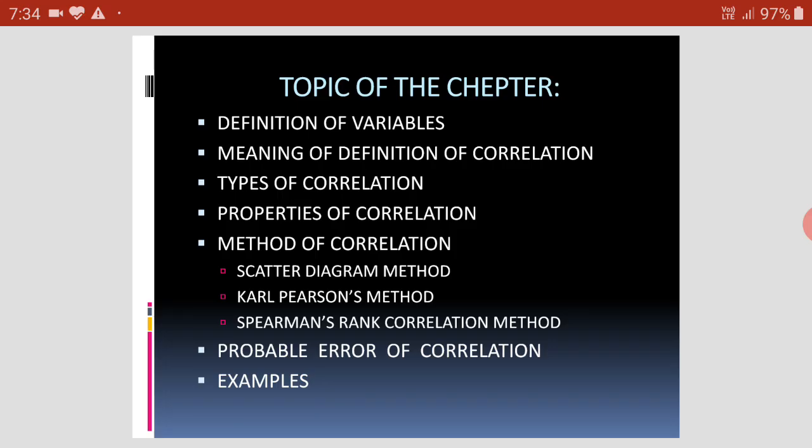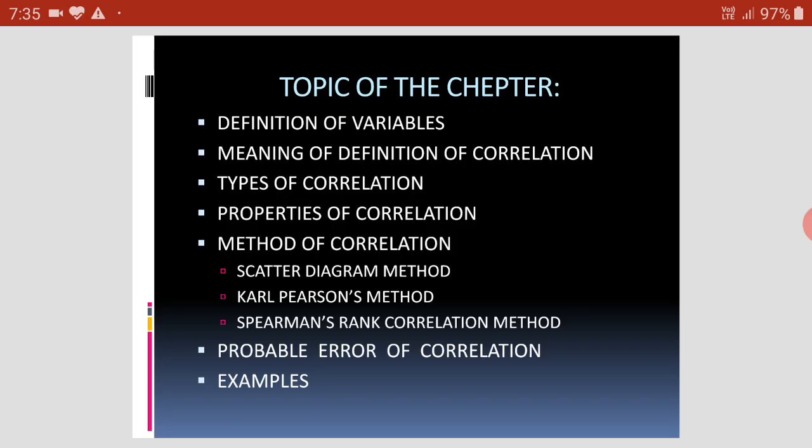First of all, we clear the concept of correlation. Correlation means a relation between two variables. Variables are denoted by x and y. Suppose a change in variable x has an effect on the change in variable y, it is called a relation between the two variables. This relation is called correlation.